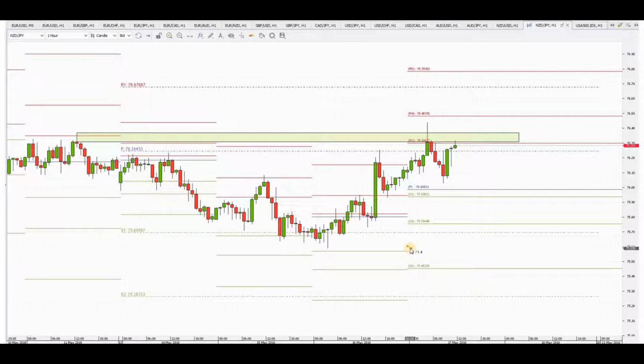Then I would be waiting for the market to go back here to S4 in a retracement, and then I would be shorting it below here with my target S5. But once this happens, I would be waiting for a candle like, for example, this. I'll just show it. So where are you? Here.